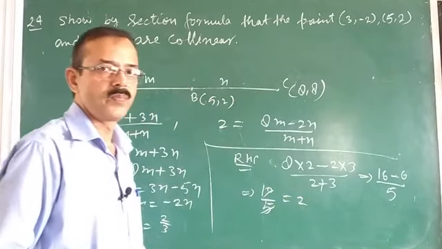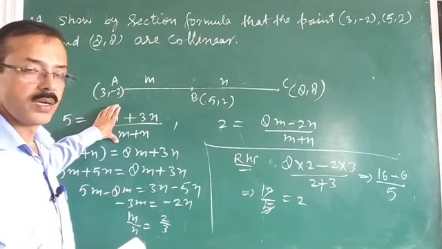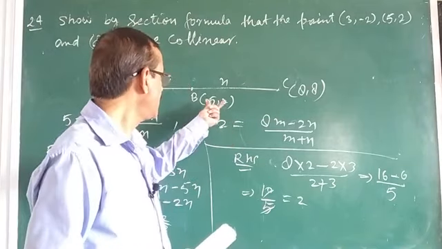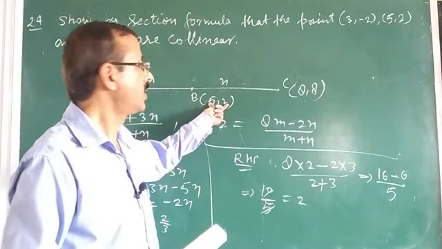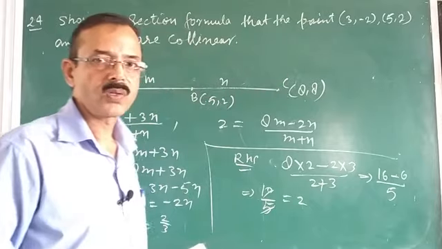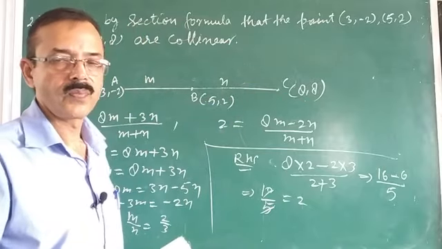This mn we found out by this, and using this result we came to know that both values x and y lie on this line. So we can say A, B, C are collinear, right?